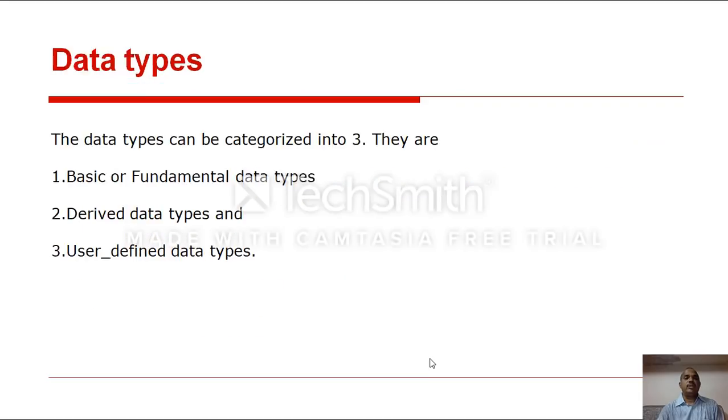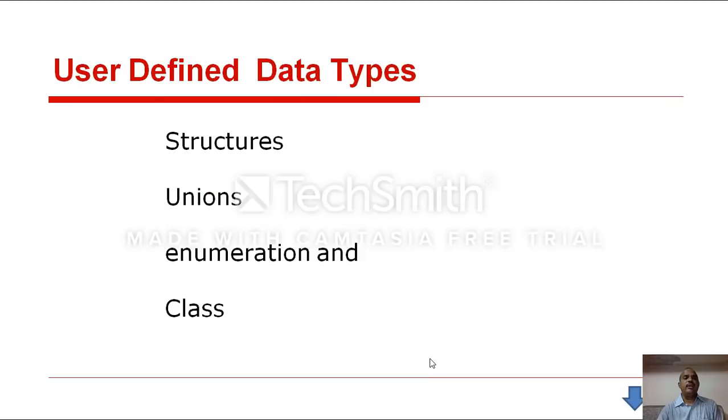So these user defined data types, structures, unions, enumerations, were already learned in C language. Clear? So how many user defined data types? Four types. Structures, unions, enumeration we already learned. Then we don't know about the class.